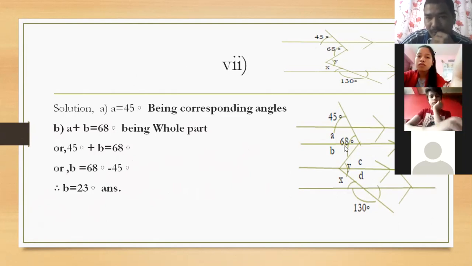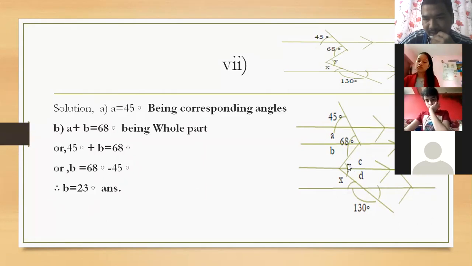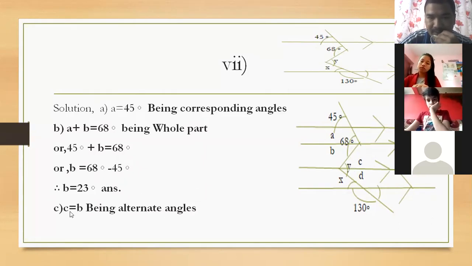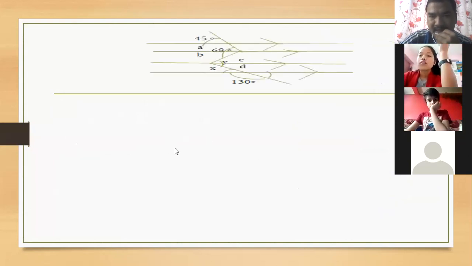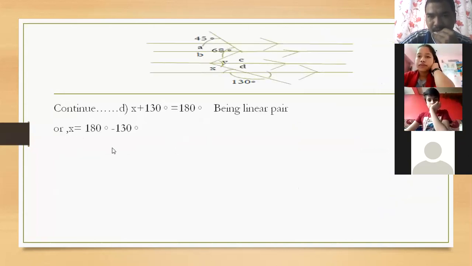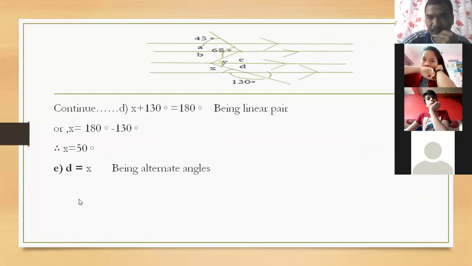Because A and B will form 68 and B and C will be alternate angle, okay, Aditya, and we found the value of C. C equals B, alternate angle, and D equals x, alternate angle, and x and 130 are linear pair. We found the value of x, and here x value comes 50 degree.